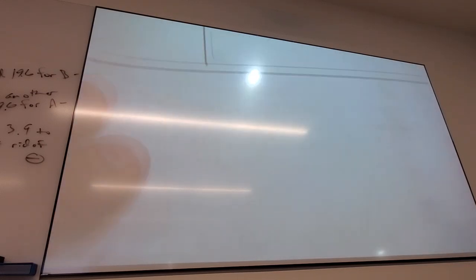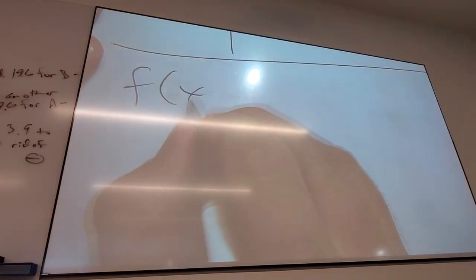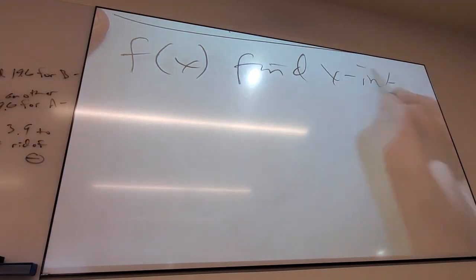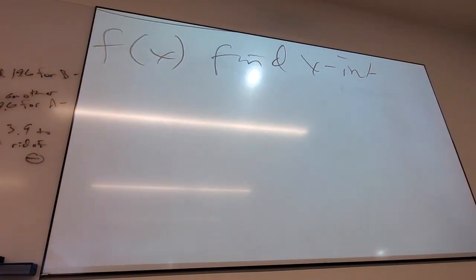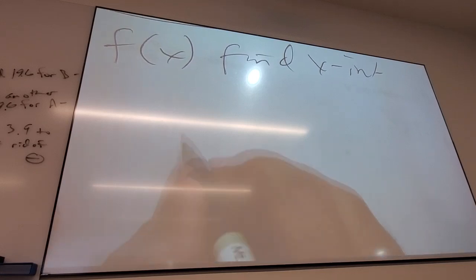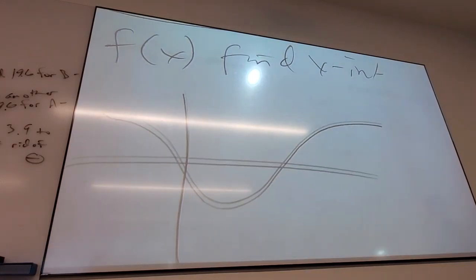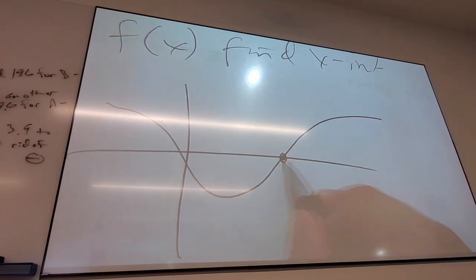So let's say I'm given a function, and I want to find the x-intercept. So here's the function. I want to find this x-intercept. There are two of them. Let's say I want to focus on this one.